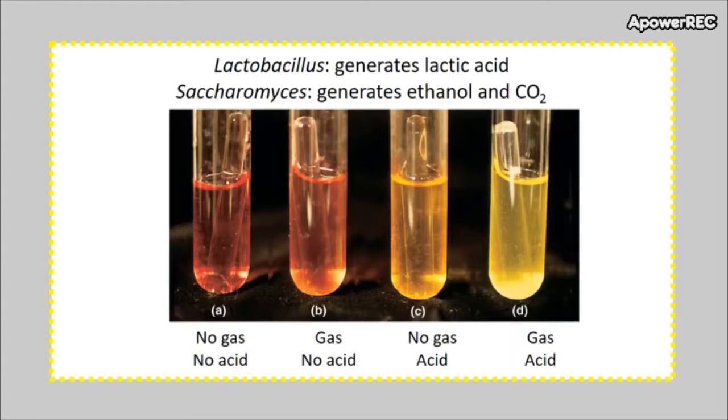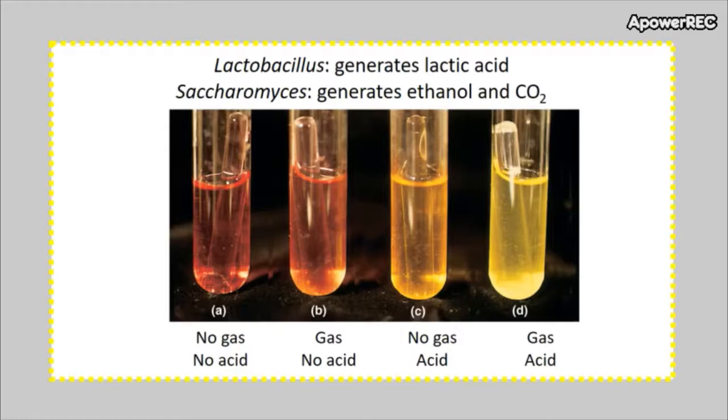There are many different types of fermentation, and this slide represents several different byproducts of fermentation. In example A, there is no gas and no acid produced. In example B, a gas is produced, so this is probably CO2, but there is no acid produced from fermentation.